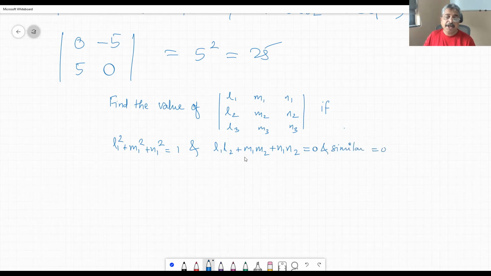That means L1 L3 plus M1 M3 plus N1 N3 is equal to 0. Then what am I trying to do? Let's try. So sigma 2 type of identities are 0 and S1 is equal to 1. Find the value of this determinant. That is a good question.